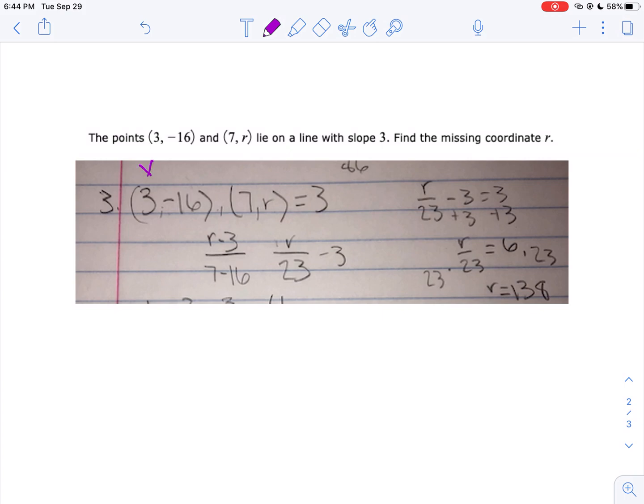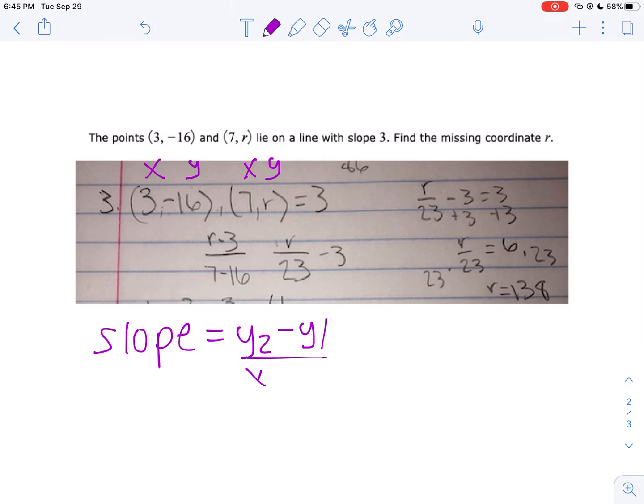X, Y, X, Y. Now we're doing slope. So slope is easy and fun. It's y2 minus y1 over x2 minus x1. You know the slope is 3. That's why I like what you did there.